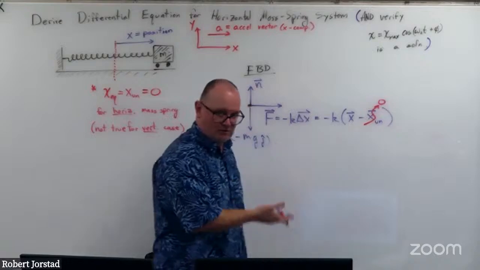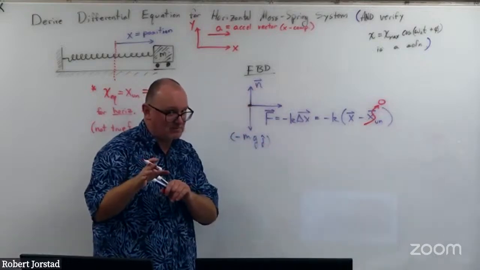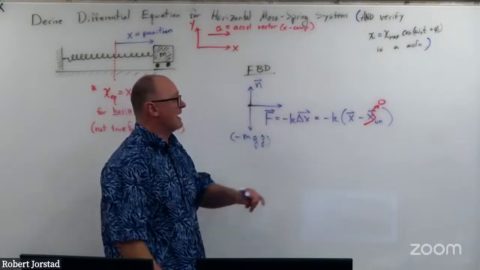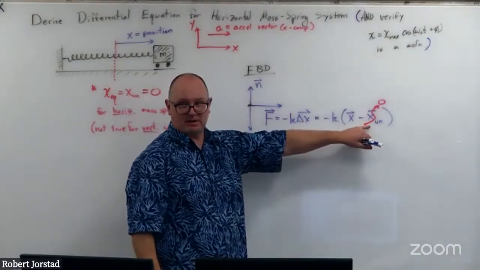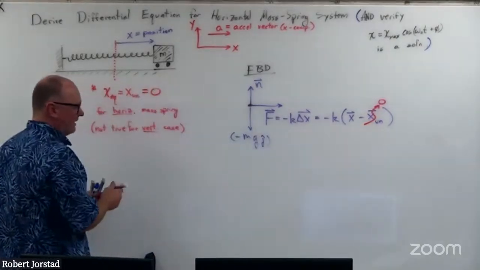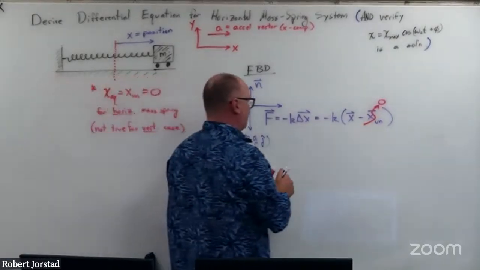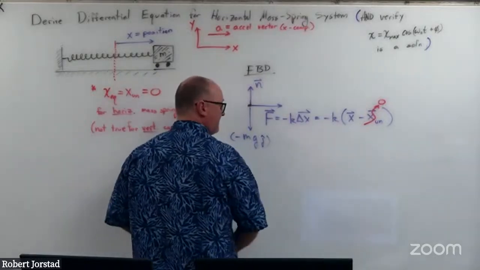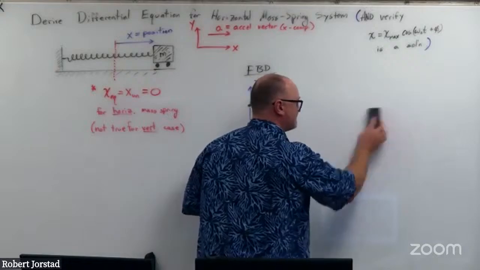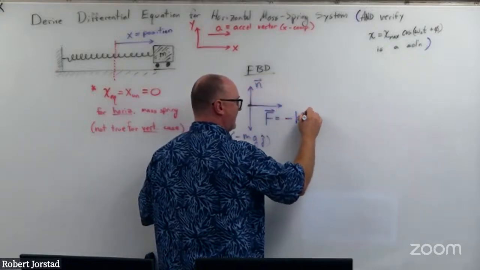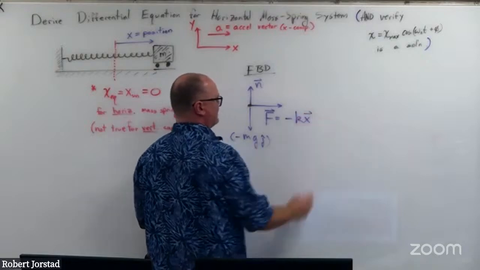In a vertical, we had to base everything off the equilibrium position. The oscillation was relative to equilibrium. Now it's relative to the equilibrium, which happens to be the unstretched. So just rewriting this, notice we could write this a simpler way: negative k x, where x is the position.